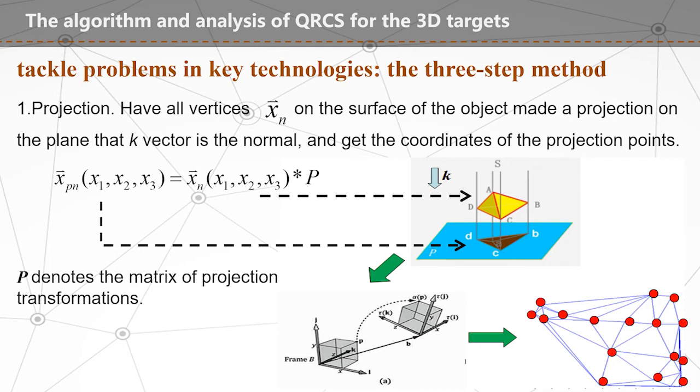The first step is projection. Here, we should have all vectors on the surface of the object. Make the projection on the plane, with k vertical as the normal, and get the coordinates of the projected point.